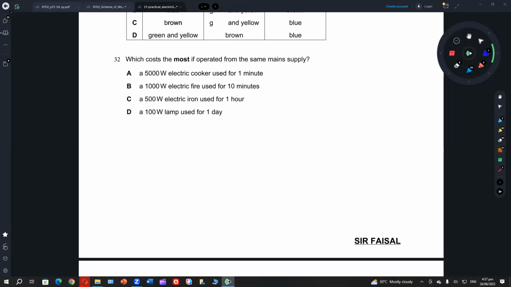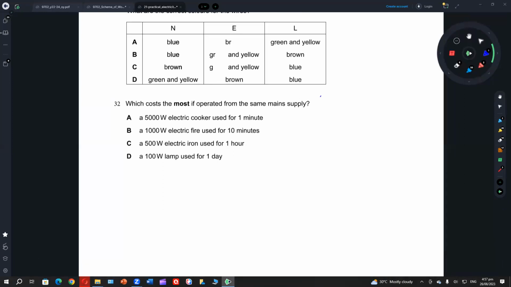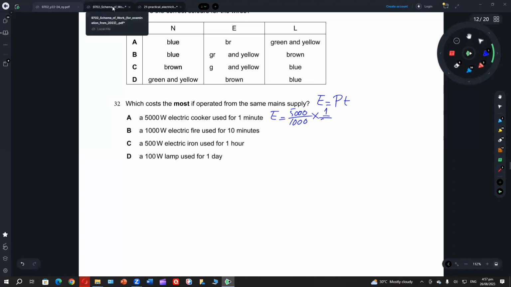Which costs the most if operated from the same mains supply? To calculate energy, power must be in kilowatt.